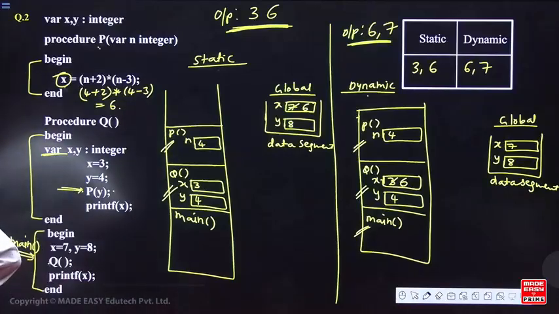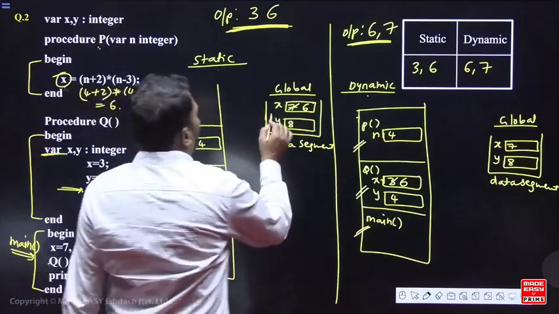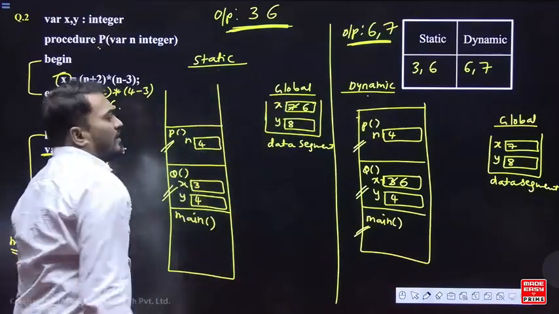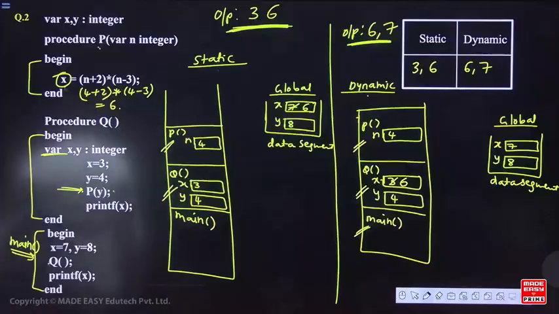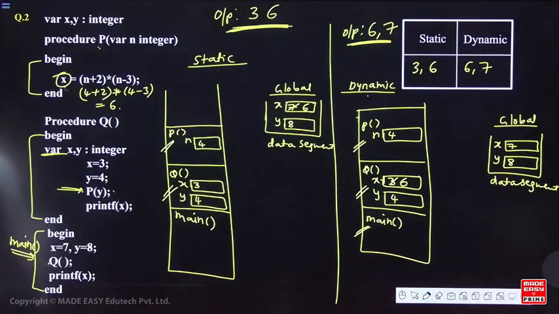What is this question? Rikati Pal, how is 6 getting printed in global? Where is global? Global में 6 कहाँ है? It is a data segment. Global का data segment update हो रहा है यहाँ पे. How 6 is getting printed in the dynamic?